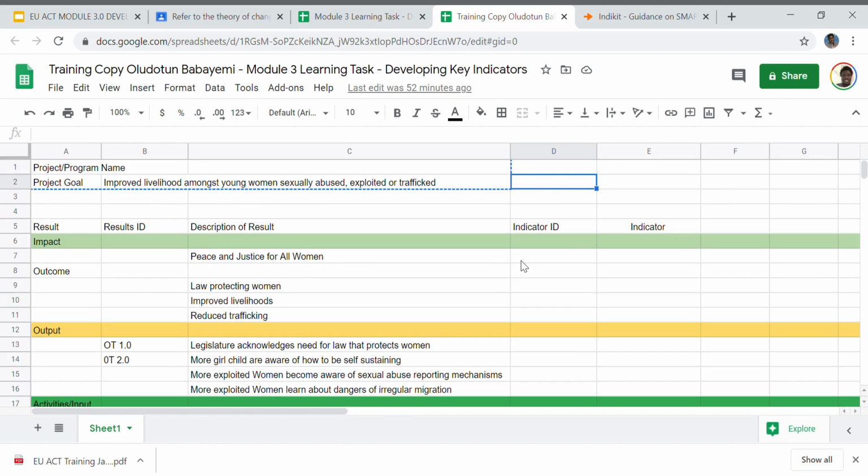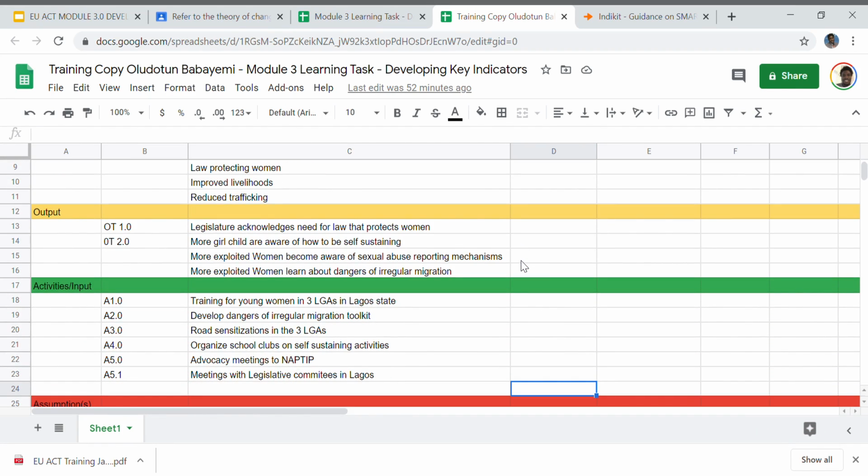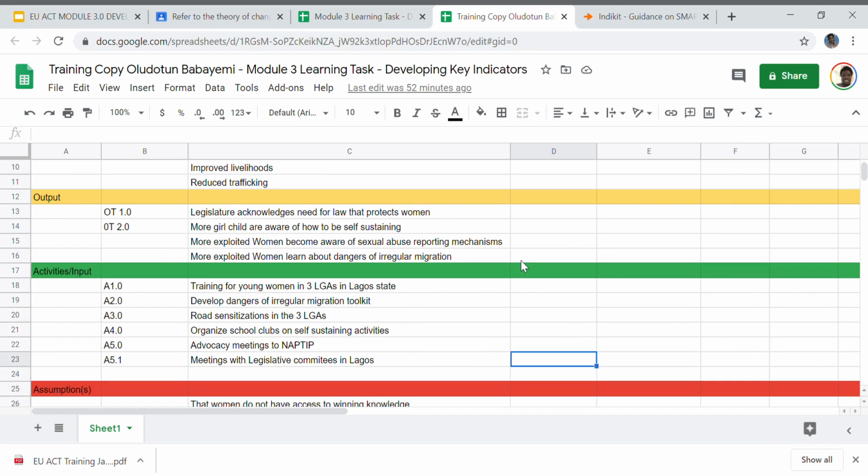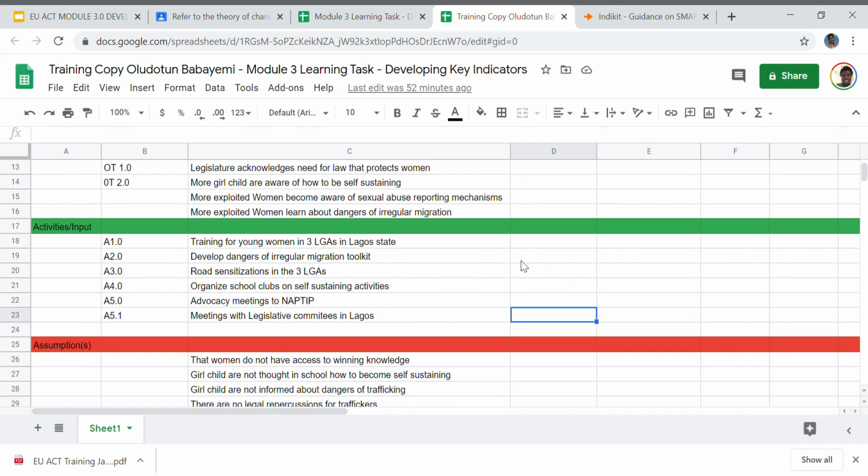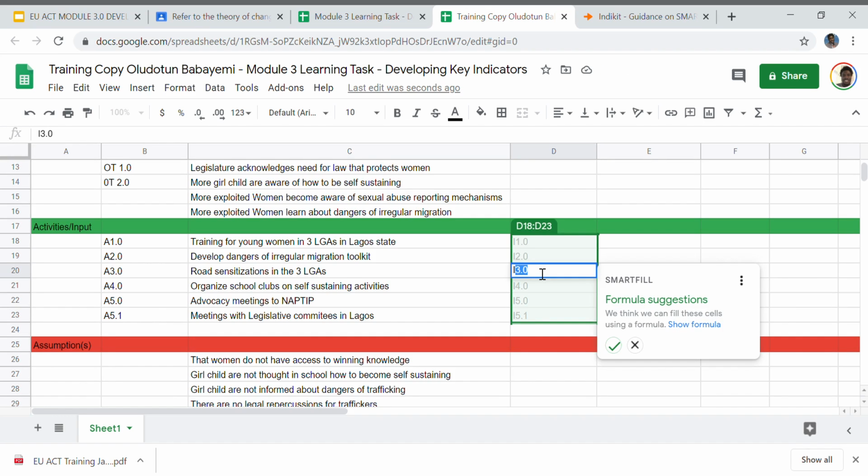Don't forget, this ID is for us to be able to identify and be able to make suggestions for you. So for instance, for activities, I can say that's I 1.0, right? I 2.0, I 3.0.